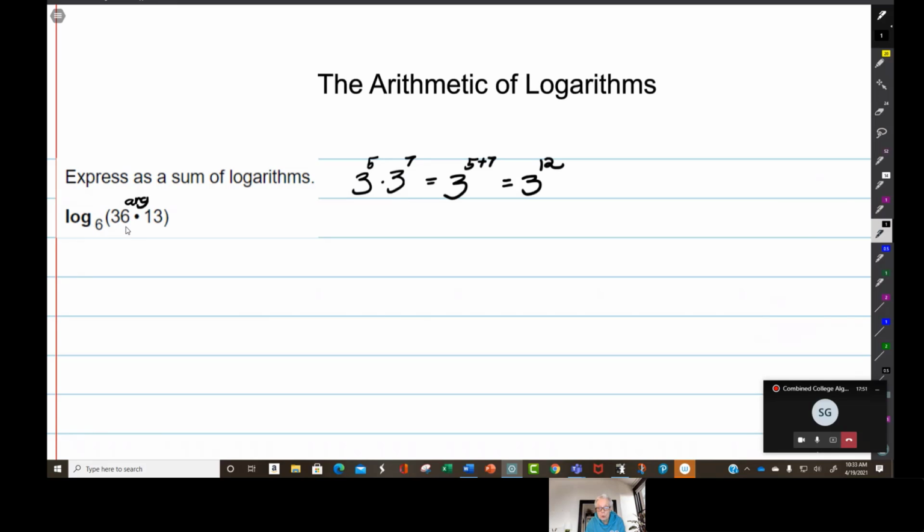Well, this rule is similar in that if you have a log to any base, and in the argument you have two things that are multiplied, then you break that apart like this.